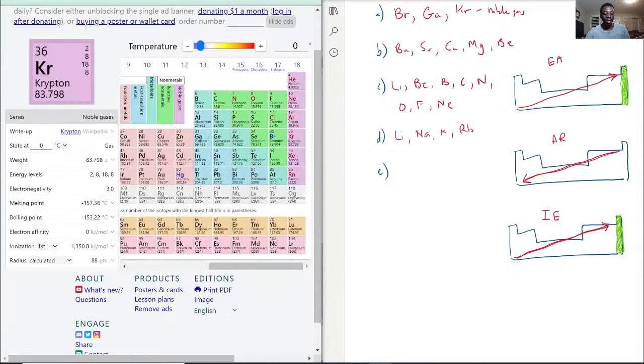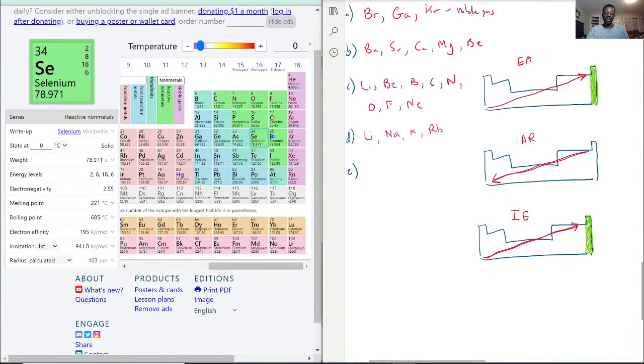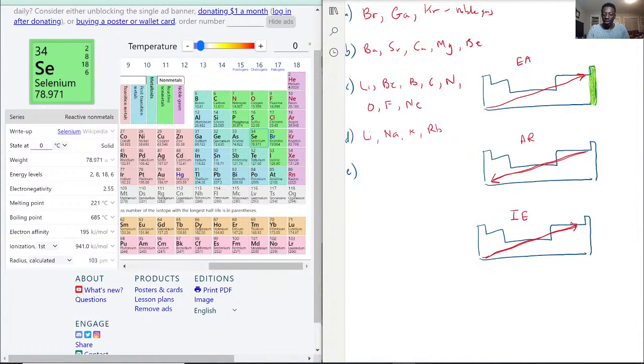Okay, so like I said, krypton, I'm going to assume that for this ionization energy, although it's full, so it doesn't have any electron affinity really, to get rid of an electron would be pretty tough, because it wants to stay full. I think that's a key thing here.